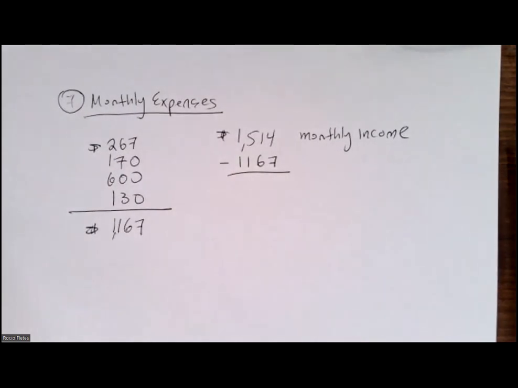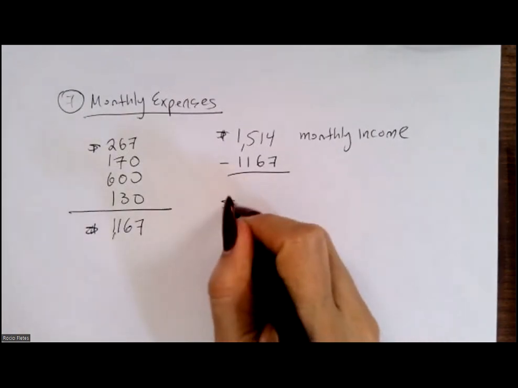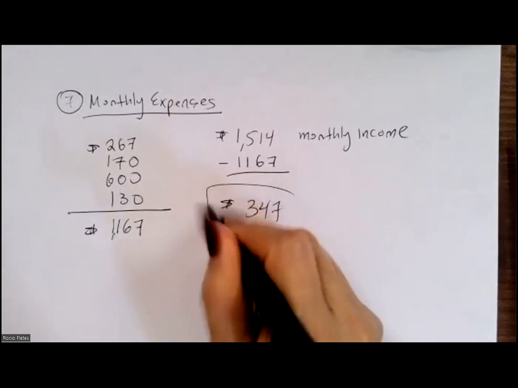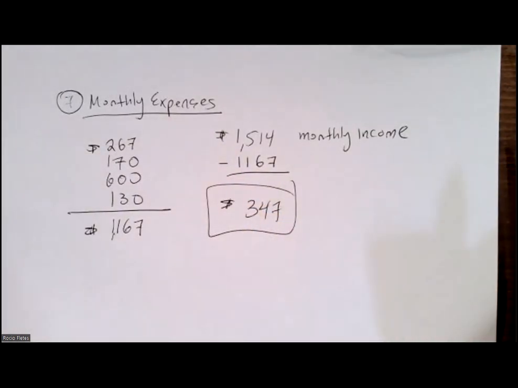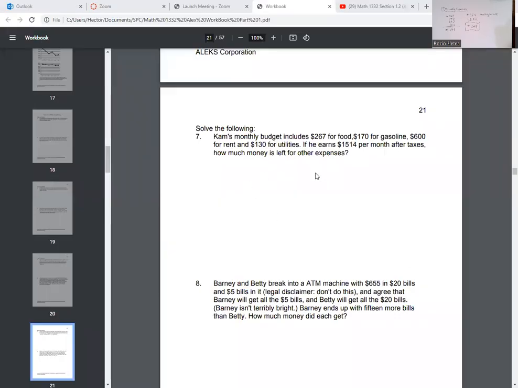So if you subtract the 1,167, we get $347 that she can use for other expenses, right? Because we want to know how much money she's got left for other expenses. So that gives us 347 for other expenses. Okay, so that's number 7.